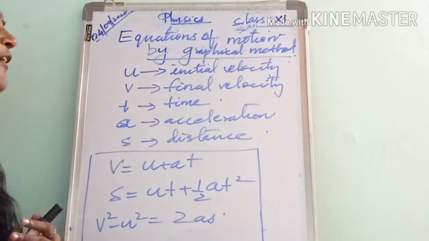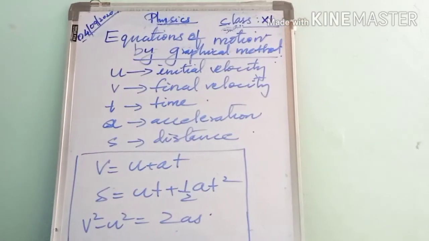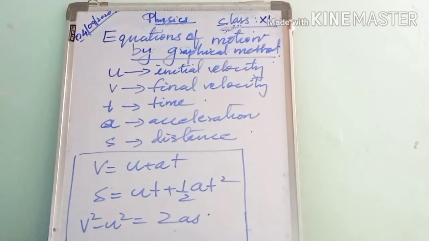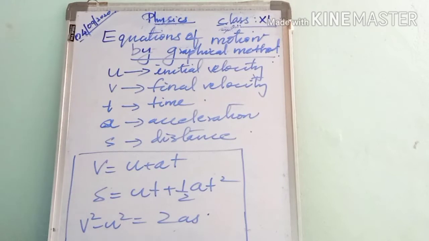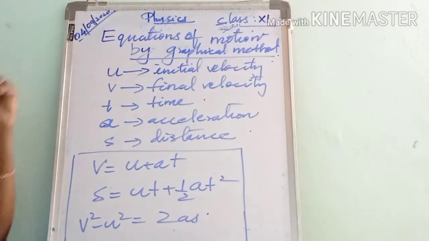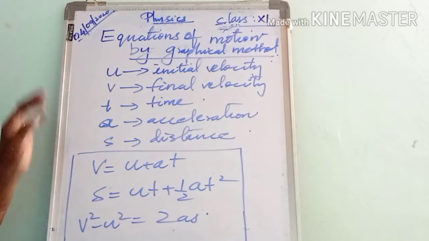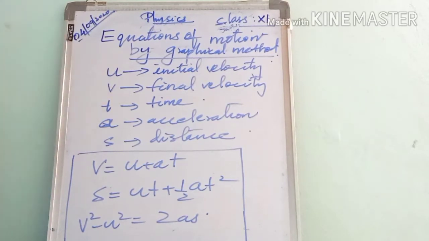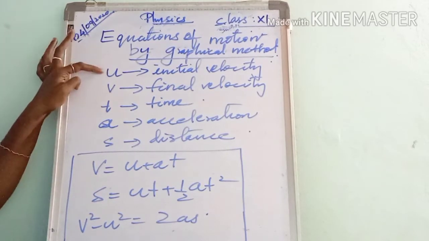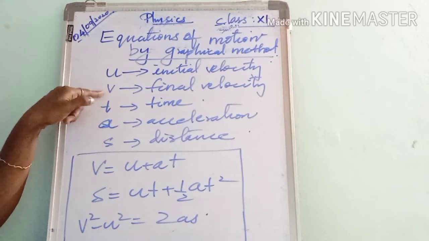The next topic is equations of motion by graphical method. Let's see what are the equations of motion. Suppose an object moves along a straight line with an initial velocity u.